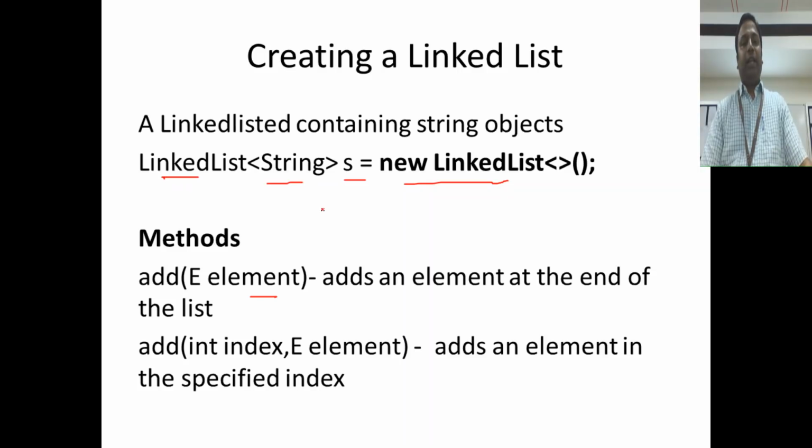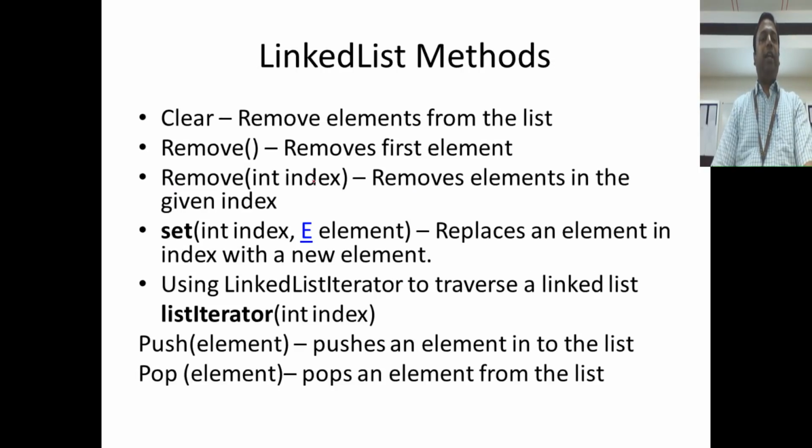You can perform the same things you did with your array list: clear, remove from an index. Set is like replacing an element at a particular index with a new element. And again you can use list iterator, that we have done, to move forward and move backward.